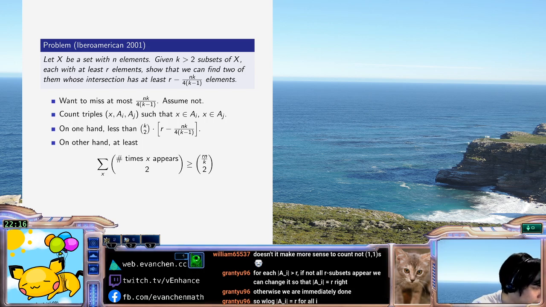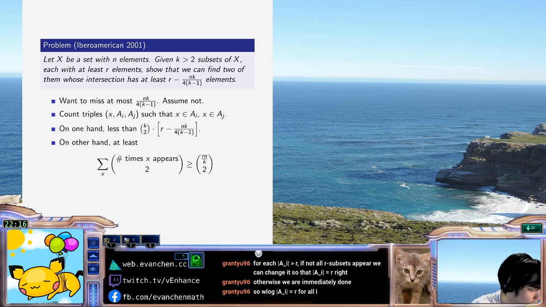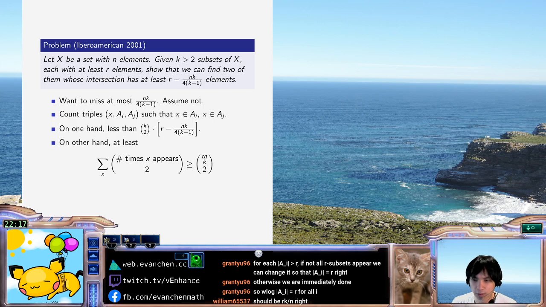Okay, yeah, I think that's where we're at. Kr over n. Yes, Kr over n is correct. So, conclusion is something gross.